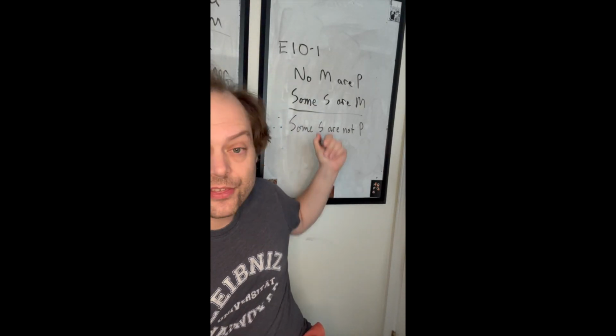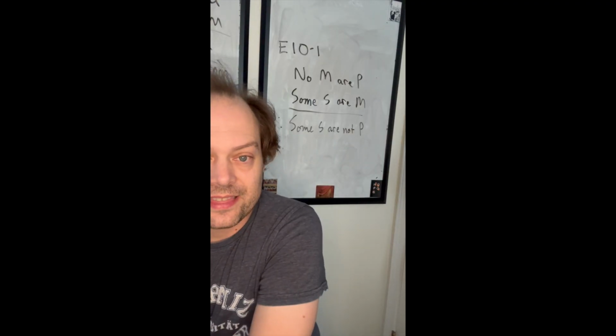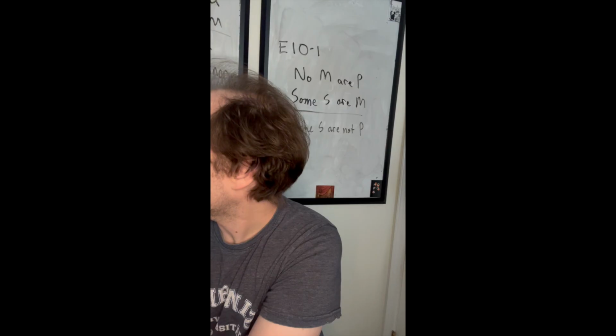Here we have another syllogism, EIO1, and let's think about which of these terms are distributed, and then let's go back to these two rules for distribution and see what they mean exactly. First, no M are P. Are we saying something about all the members of the M category?